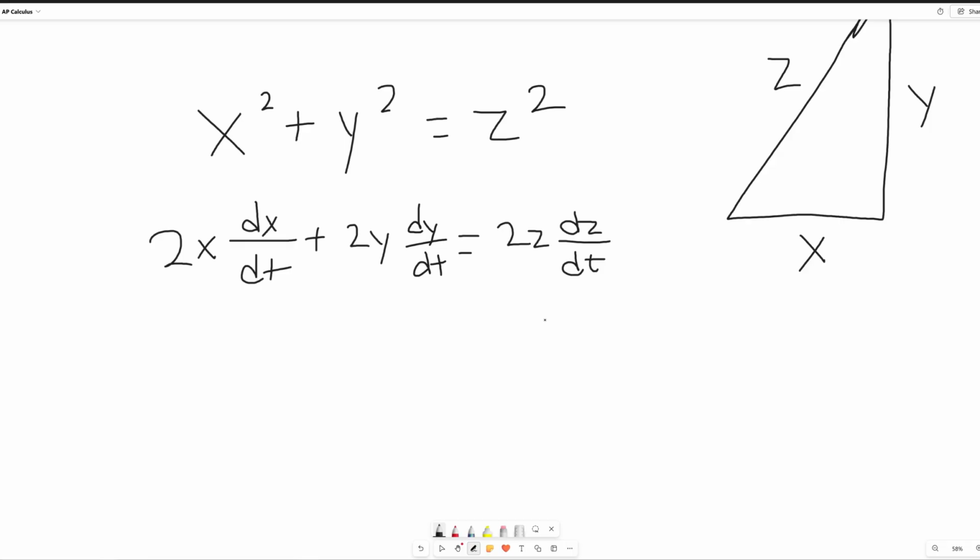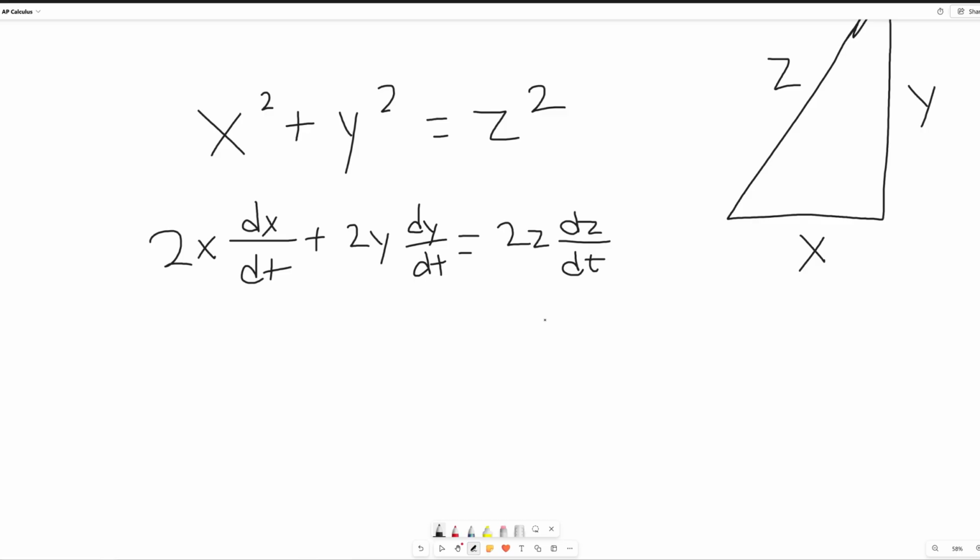And essentially, once you derive the derivative, you can plug those numbers in and use algebraic manipulation to find your answer. So I'll explain what that means. If a problem tells you, in a right angle triangle, x is 3, y is 4, dx dt is -2, and dy dt is 1, find dz dt.